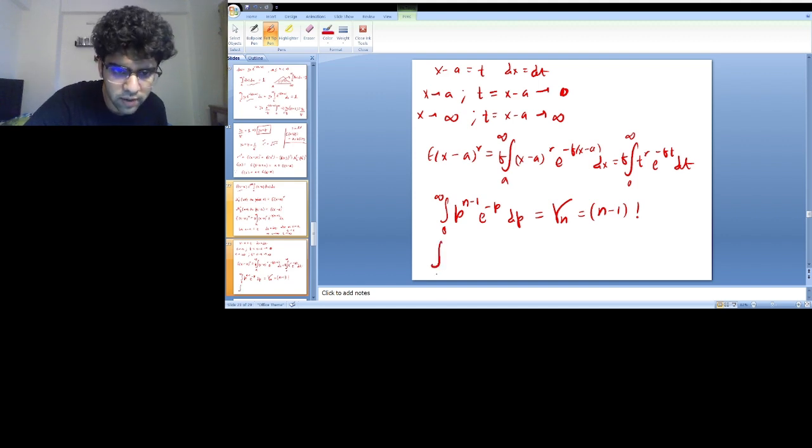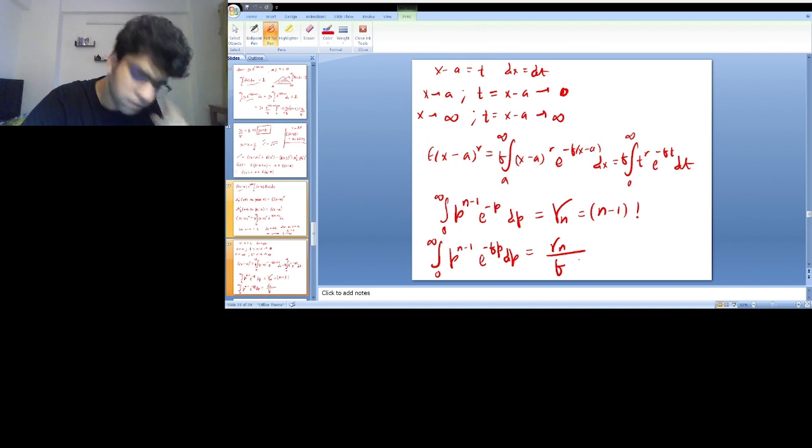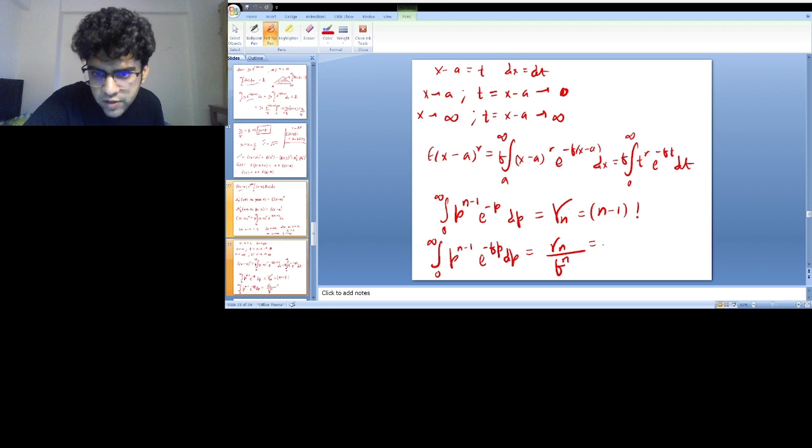And there is one more property which I didn't discuss in the previous video. Whenever we have the form 0 to infinity p to the power n minus 1, again same as above, e to the power minus bp dp, where I have a constant term b, this gives me gamma n divided by b to the power n, which is n minus 1 factorial upon b to the power n.